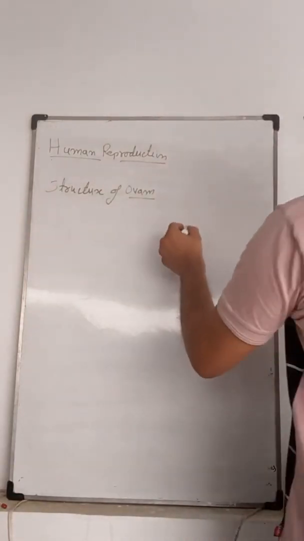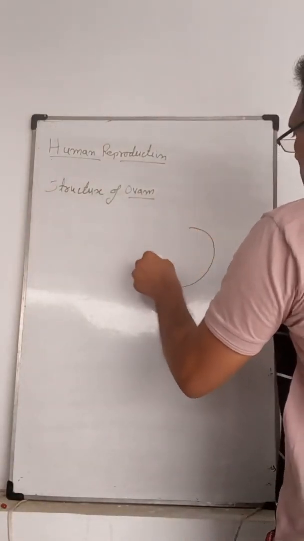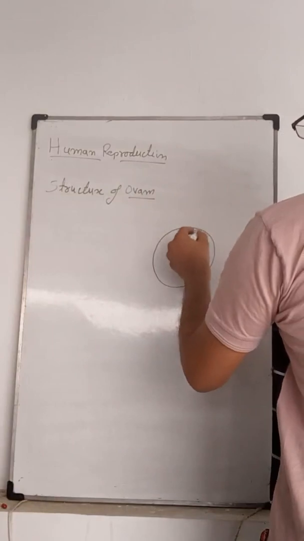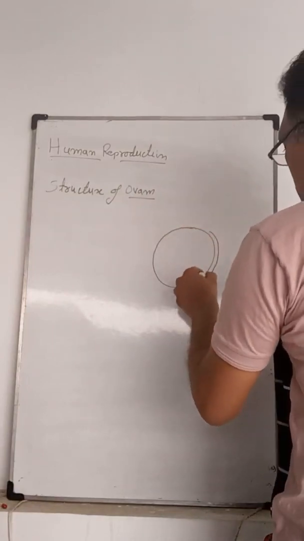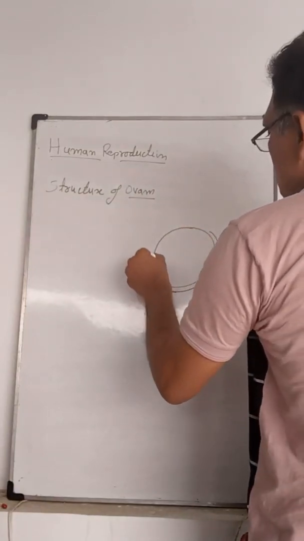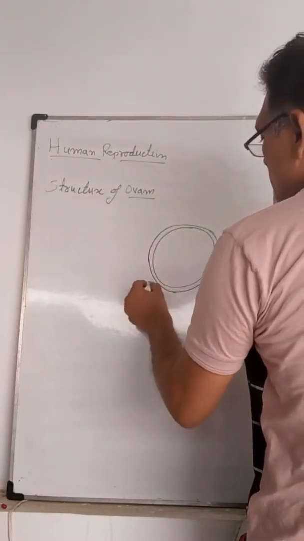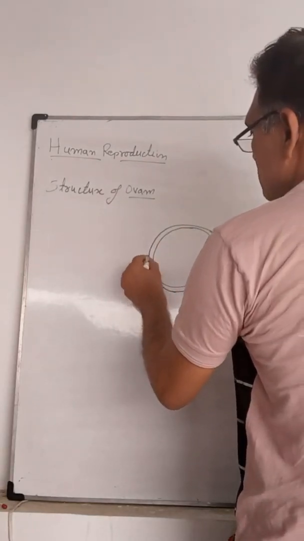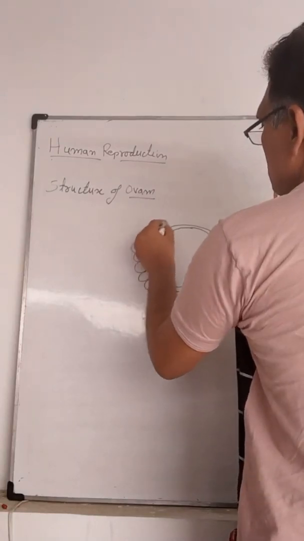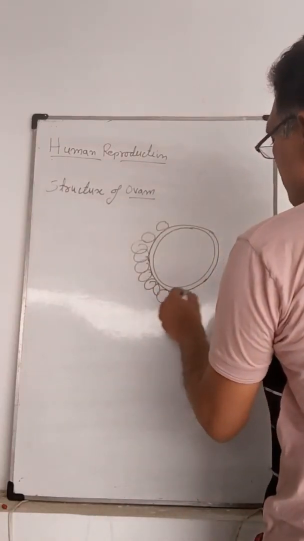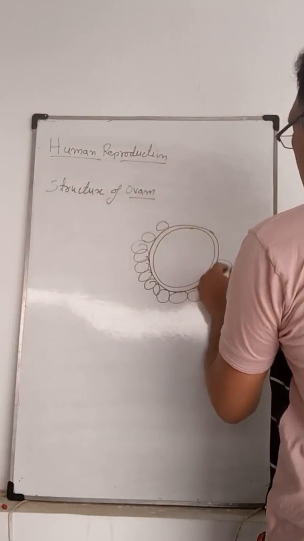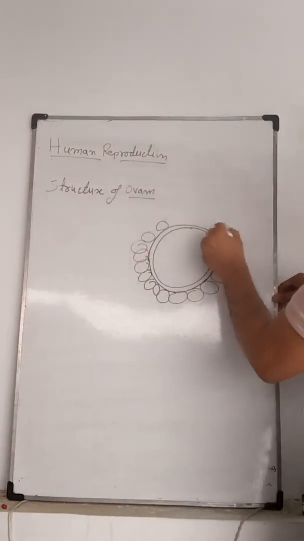Normally the ovum is surrounded by two layers. The outer layer is the corona radiata, and inside that is the layer known as the zona pellucida.